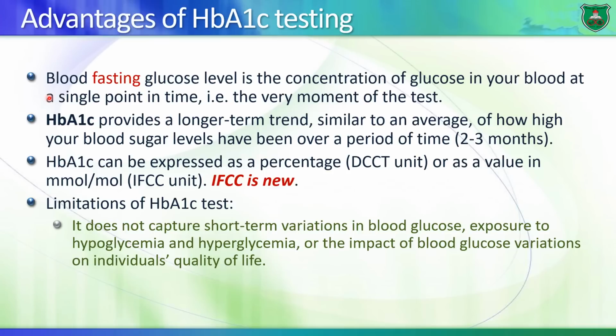Now the advantage of this test is that it tells us exactly at the very moment of the test what the concentration of glucose is. So if a person eats breakfast and goes to check for glucose level, it would be high, of course, and that's why a person should be fasting when this test is done.